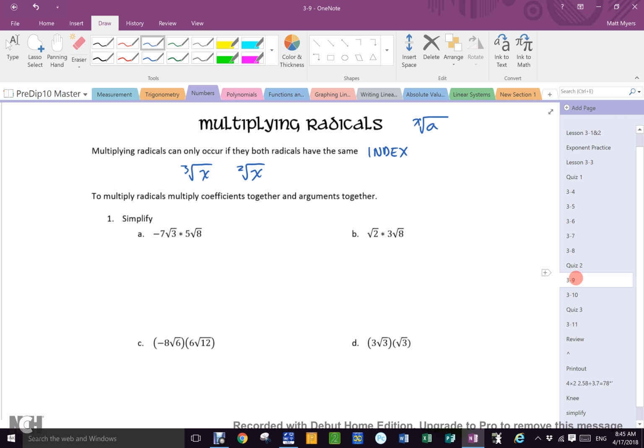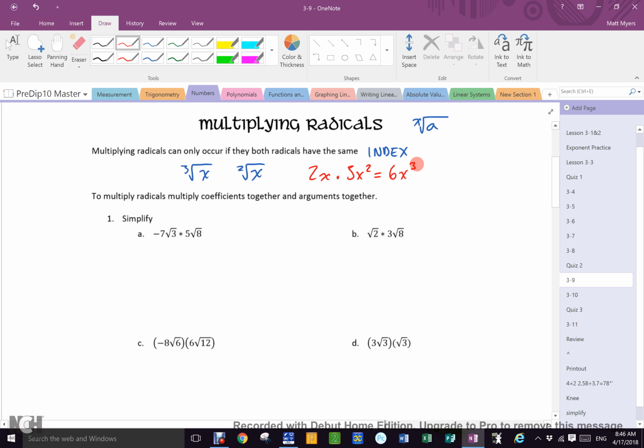But once we have them with the same index, it's really super easy. Remember, the example I've been using for this is coefficients and variables, right? So if I had 2x times 3x squared, what would your answer be? 6x cubed.